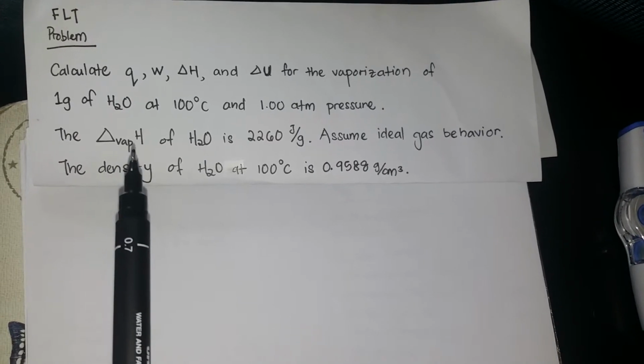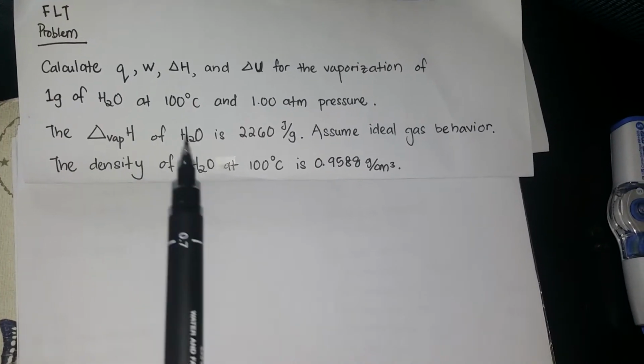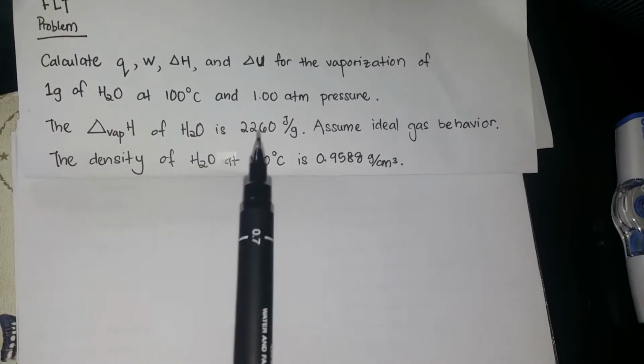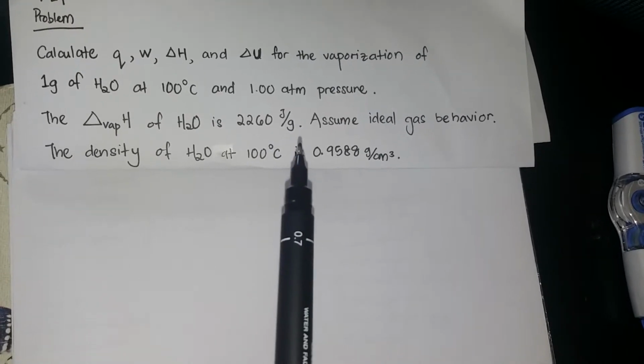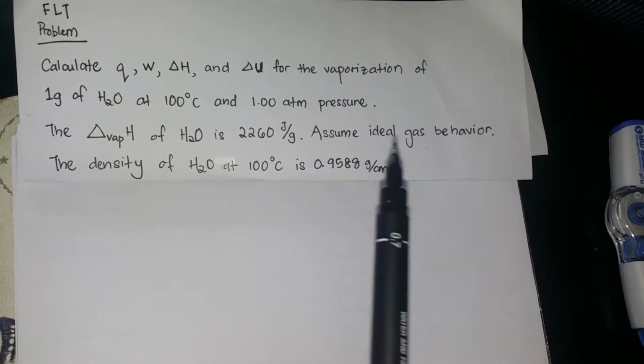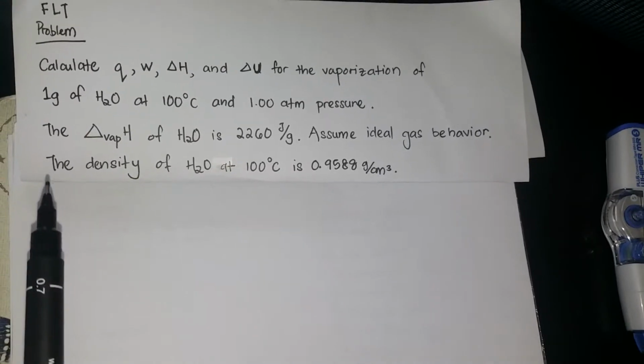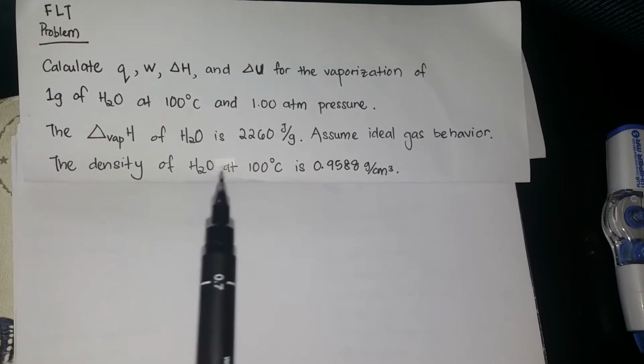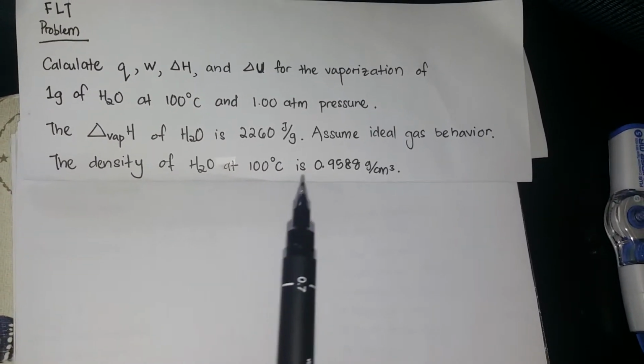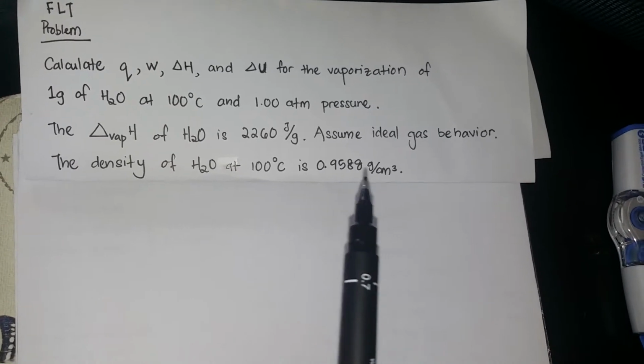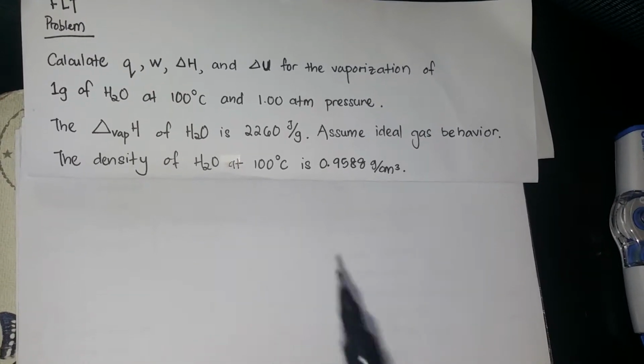The enthalpy of vaporization of the water is 2,260 joules per gram. Assume ideal gas behavior. The density of the water at 100 degrees Celsius is 0.9588 gram per centimeter cube.